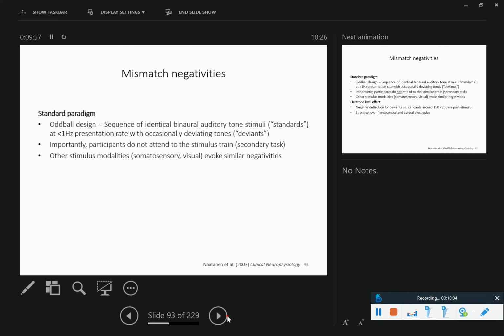Standards are identical stimuli, and the standard paradigm for mismatch negativity used to be the auditory mismatch negativity. So in this case, it would be a sequence of identical binaural auditory tones, which are referred to as standards.